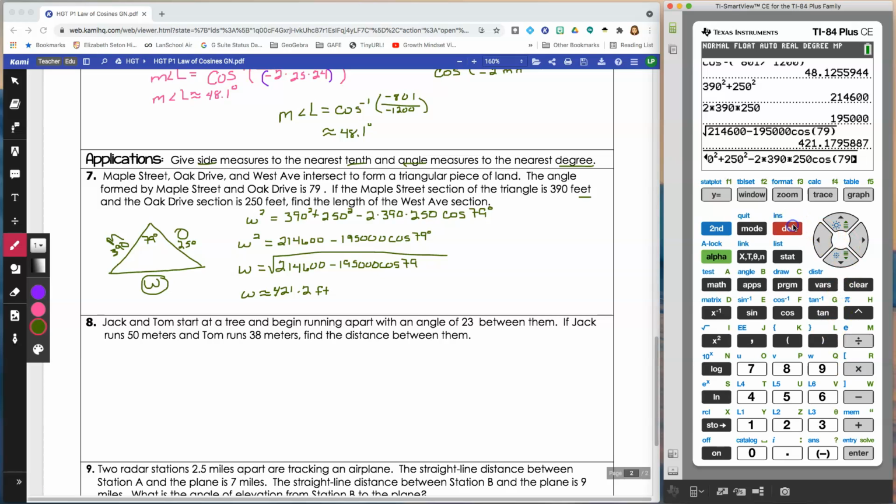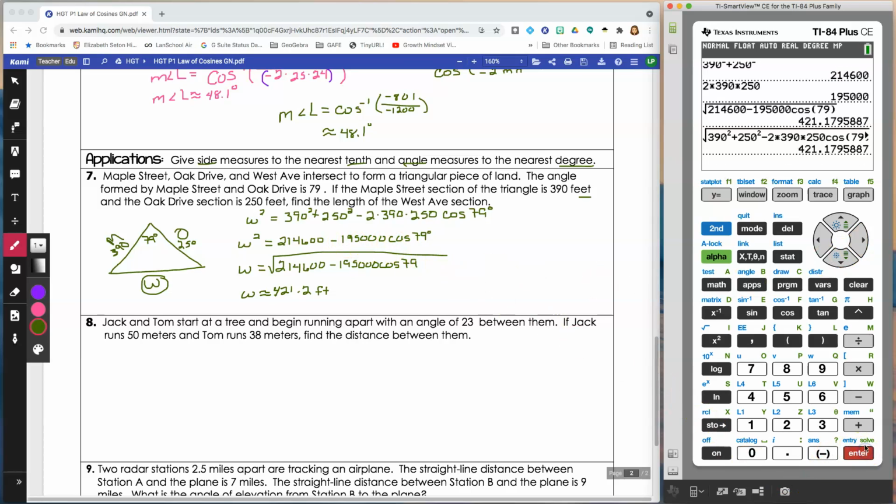So by doing that, while I'm working with big numbers, I don't have to write all of the rest of these big numbers down. When I click enter, you can see I would get the same answer. So if you are into simplifying your work a little bit, that's what I would recommend.